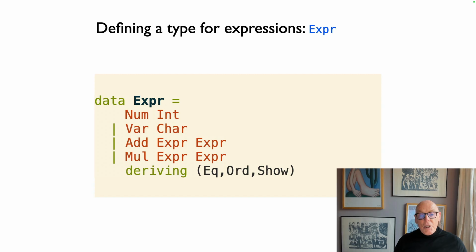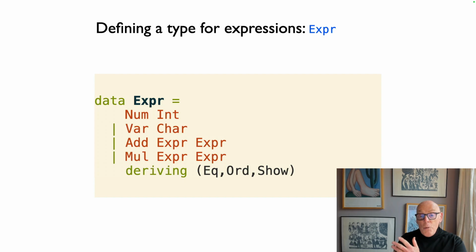And here is our type for expressions. What this type says is that there are 4 kinds of expressions. There is a number, which is represented by an integer. There is a variable that's represented by a character. And then you can add 2 expressions to make an expression, and you can multiply 2 expressions to make an expression.